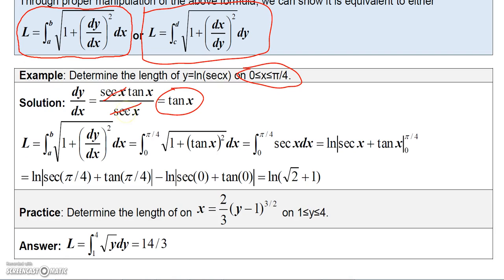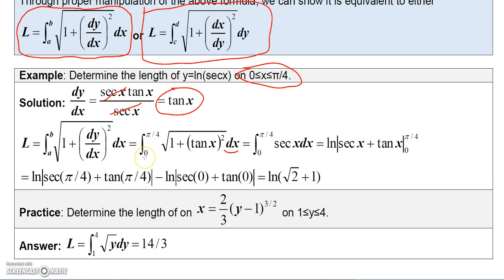Now if I plug that into this first formula, I get the square root of 1 plus tangent squared x, and I'm going to integrate from 0 to pi over 4 because I'm integrating with respect to x. If I was integrating with respect to y, I'd have to find the corresponding y values for x equals 0 and x equals pi over 4.